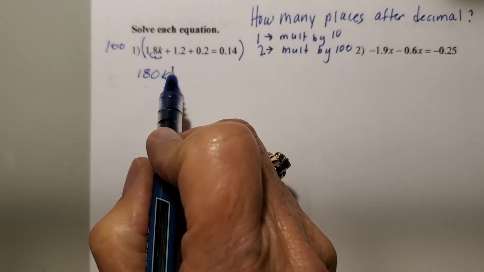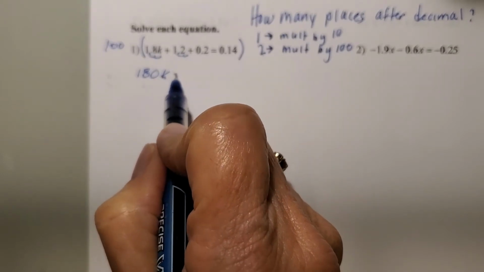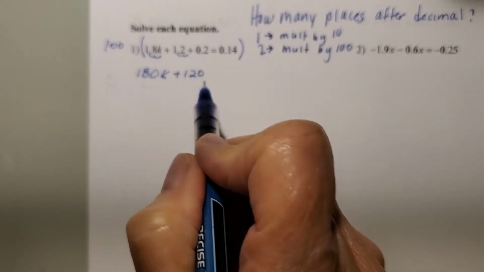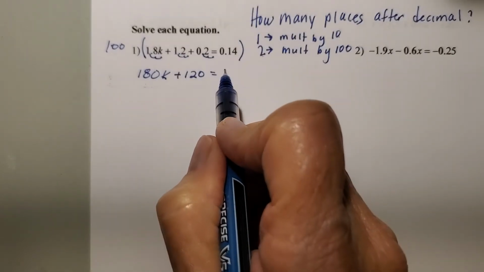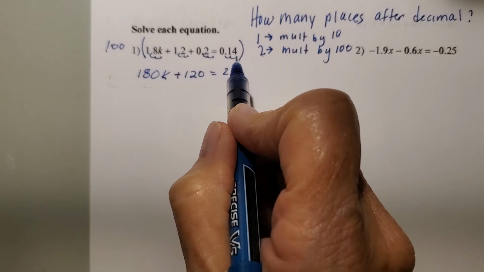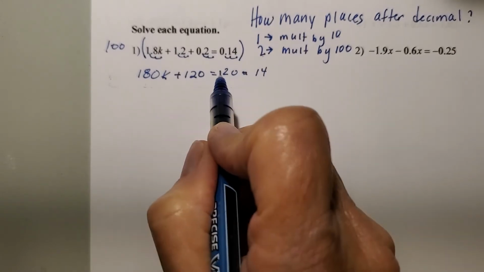And then when we multiply this by 100, it's going to move it over 2 places. So we have 120. Move it over 2 places, we have a 20. Move it over 2 places, we have a 14.